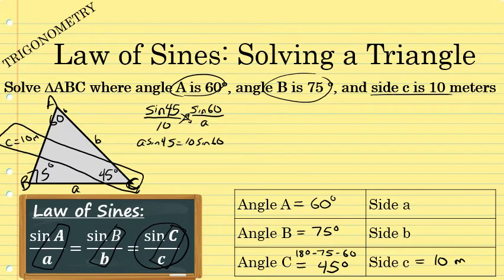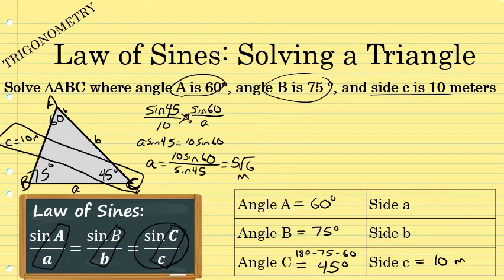This equation can be solved in just one step. I can divide both sides of the equation by the sine of 45 degrees. And that means that A is equal to exactly 10 times the sine of 60 over the sine of 45. This is an irrational number, but it can be stated as exactly 5 times the square root of 6. The length of side A is 5 times the square root of 6 meters.